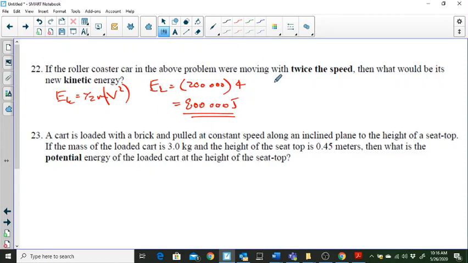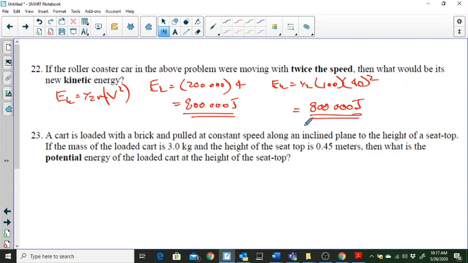So you could think about it and work with it that way. Or you can come over here and we can just do our EK is equal to 1/2 times 1,000. Now instead of 20 meters per second, it's going to be 40 meters per second. And we have to square that. And lo and behold, we get 800,000 joules.